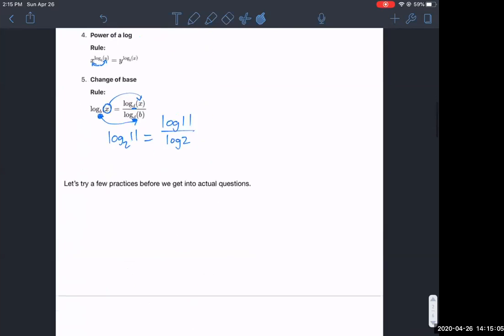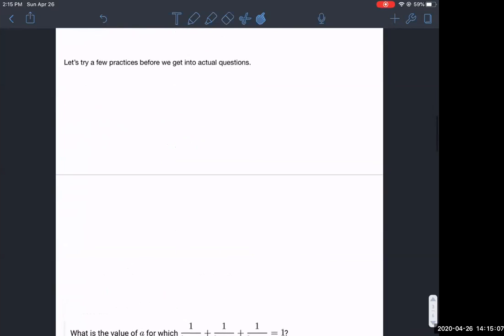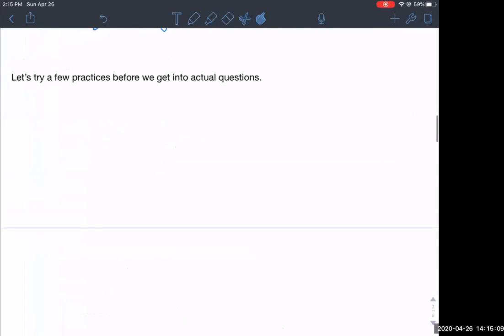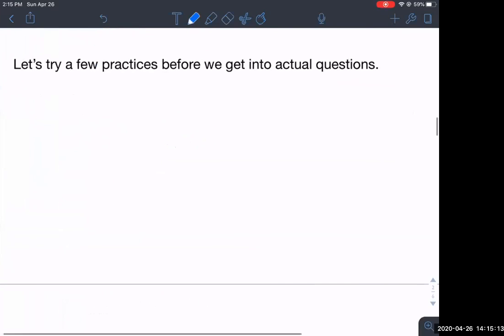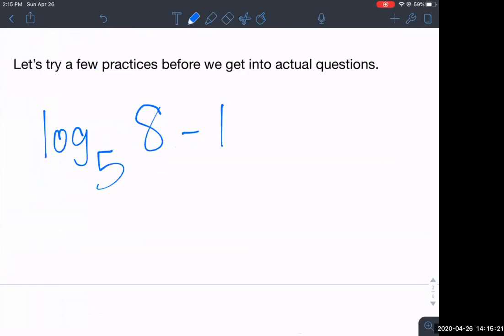So let's get started with our first. Let's try just some practice with all of these formulas and stuff. So log 5 of 8 minus log 5 of 4. How about that?